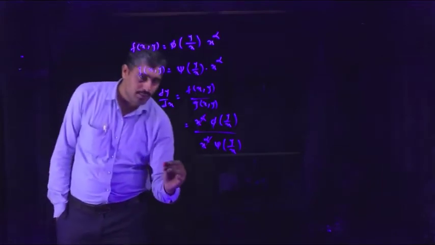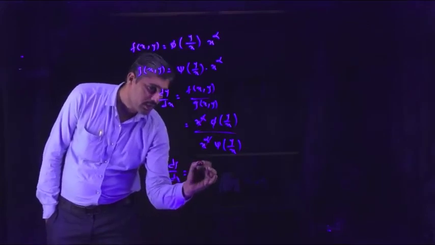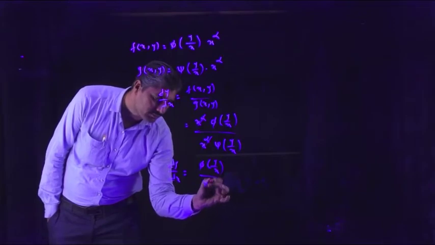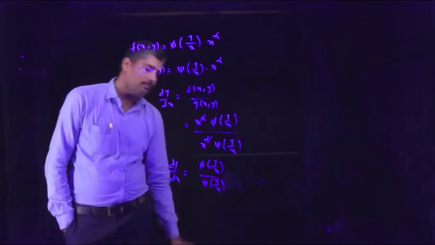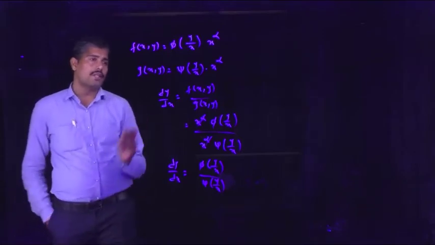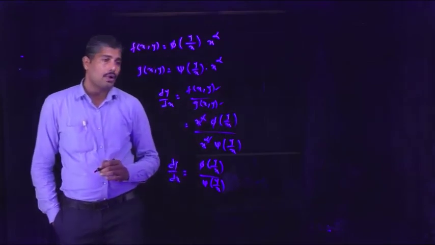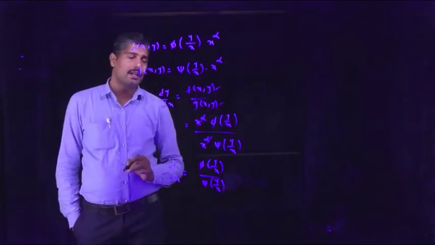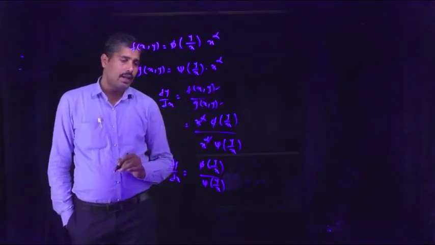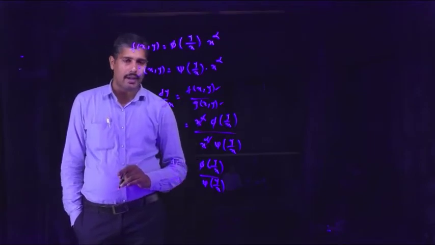Then we get dy/dx = φ(y/x)/ψ(y/x). Right? Definitely in a homogeneous differential equation, f(x, y) and g(x, y) both have the same degree. That is the key point here. Same degree α. Then after, we convert into φ(y/x) and ψ(y/x).